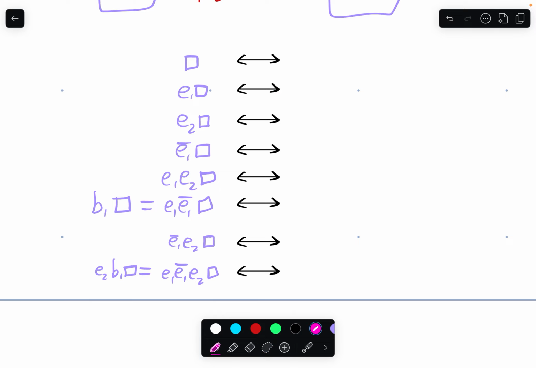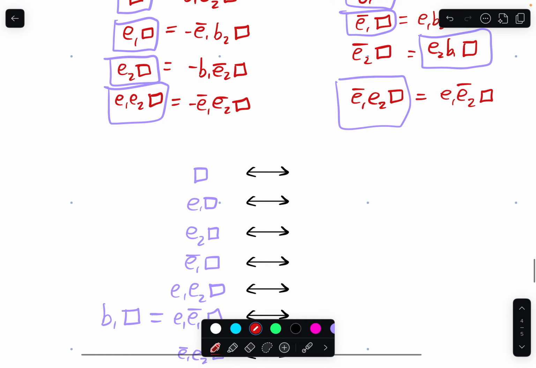Okay, so these are all equivalent to things in the geometric algebra of 3D space. So here this is S, and then we're going to have objects in G3.